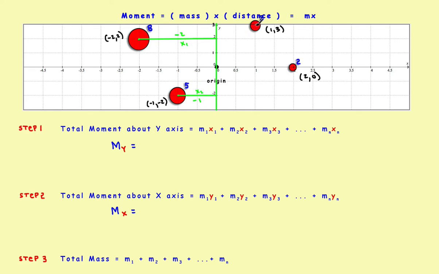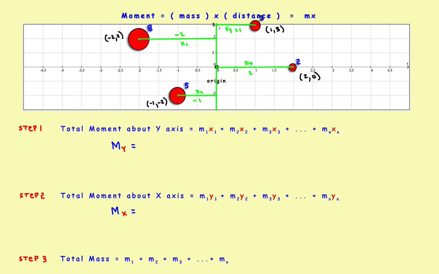The distance from here to here, that's going to be x3, and that's going to be a +1. And then finally, you've got the distance from here to here, and that's going to be x4, and that's going to be a 2. So it's interesting that if you want the moment about the y-axis, you actually use the x distances. So with those in mind, let's go ahead and write those down.